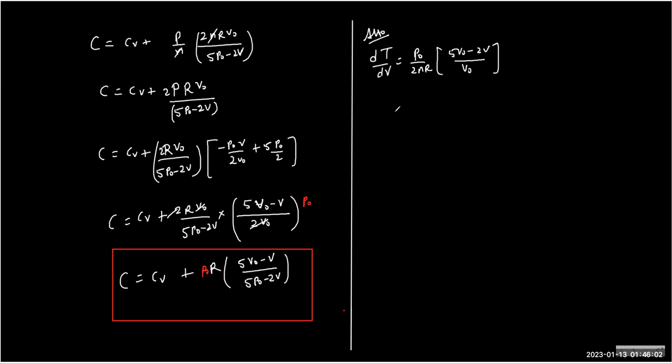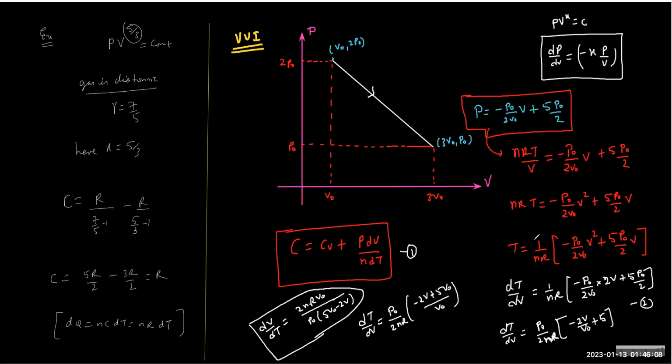So you can clearly see that T is a function of V. Which function is this? A quadratic, and the coefficient of V square is negative, so it is an inverted parabola. Do you realize this? So this is a very famous answer.